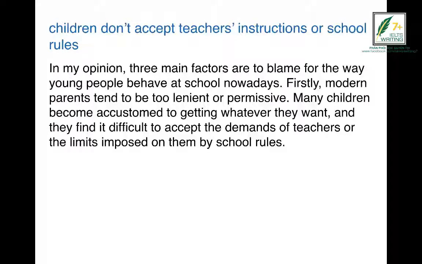And they find it difficult to accept the demands of teachers or the limits imposed on them by school rules. As usual, I try to add any good vocabulary that I think of while I'm writing the sentence. So we've got accustomed to getting whatever they want, and then difficult to accept the demands instead of instructions, and limits imposed on them is a good phrase.